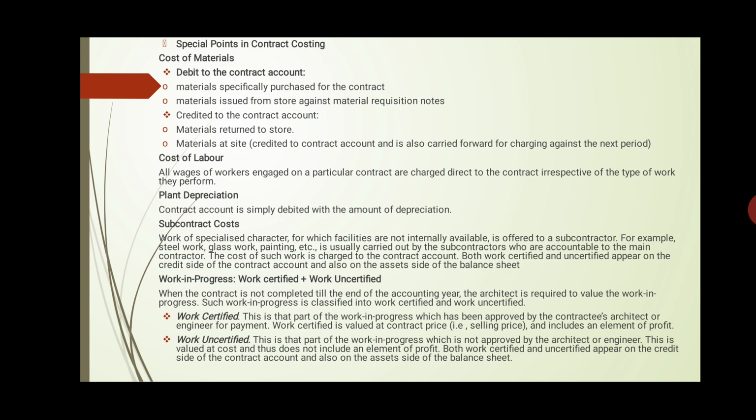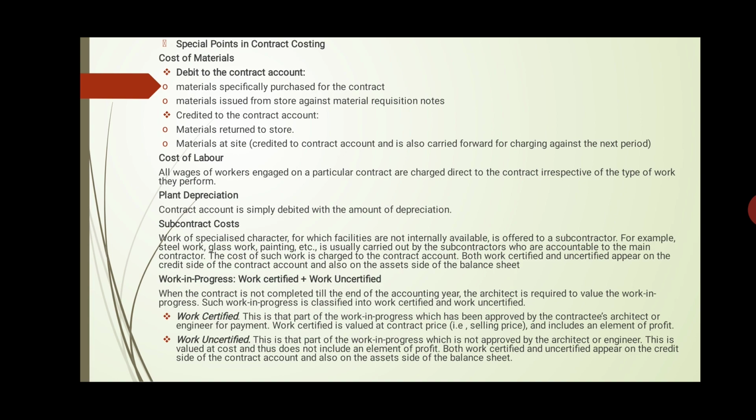Another case: if the contractee's architect says that only 30% of the contract is completed, then the remaining 10% is called work uncertified. So 30% is work certified and 10% is work uncertified. Work uncertified means the work in progress which is not approved by the architect.